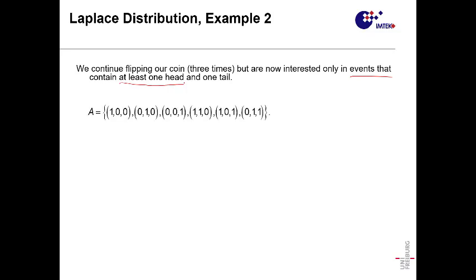Then we can reduce our omega and create our subset A, which contains at least one head, also 1, 0, or 1, 1. And this is what you will get. Here you get at least 1, 1. Here you get at least 1, 1. Here you get at least 1, 1. Here you get at least 1, 0, 1, 0, and 1, 0. That's it. Nothing really crazy.